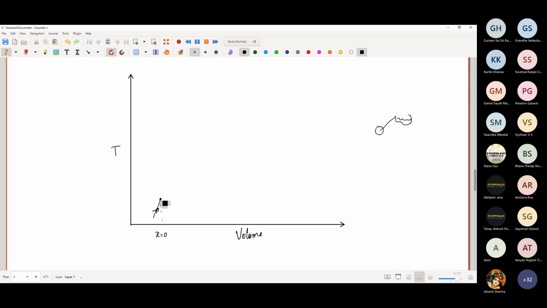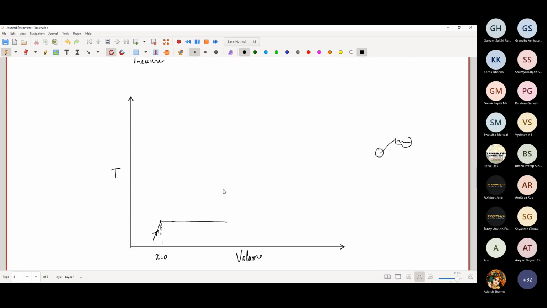For some time it will be a straight line parallel to the x-axis, but the volume will still increase. Okay, it will be a straight line, but the volume will still increase. And this is what you identify as the latent heat.